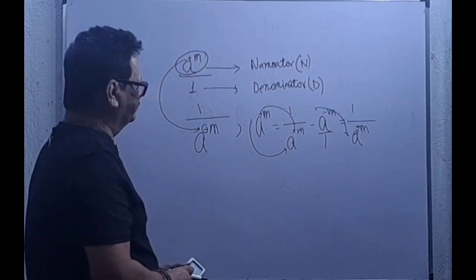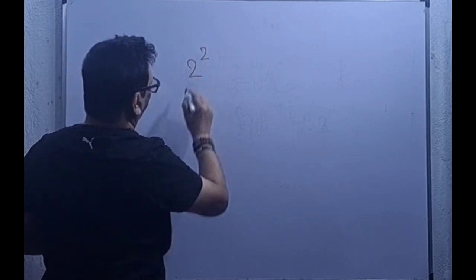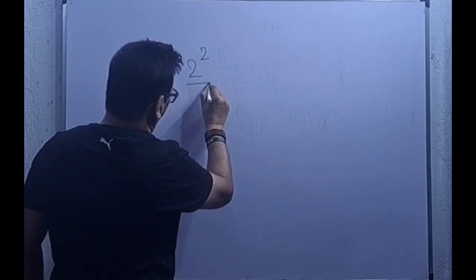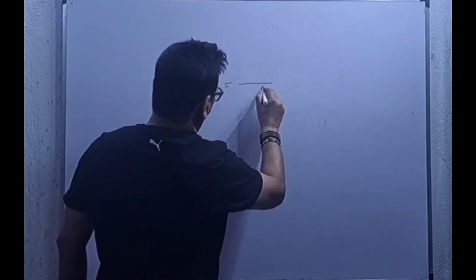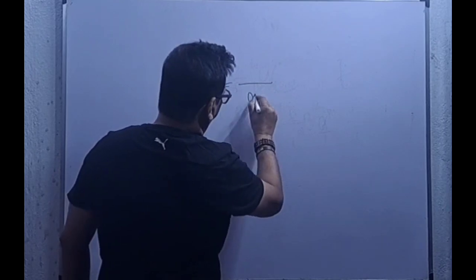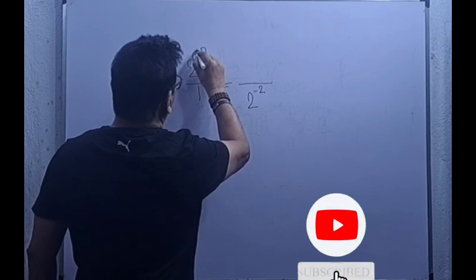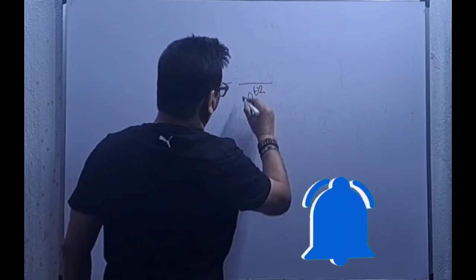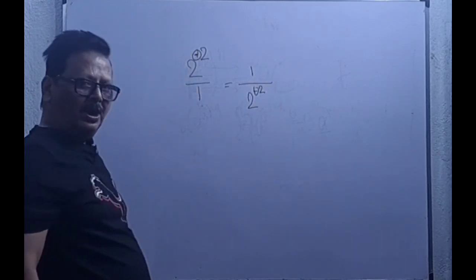Let's have an example. 2 to the power of 2, see, it is like this. Now when you bring it to the denominator, it becomes 2 to the power of minus 2. See, this sign has changed, correct? And the 1 comes up top. Understood?